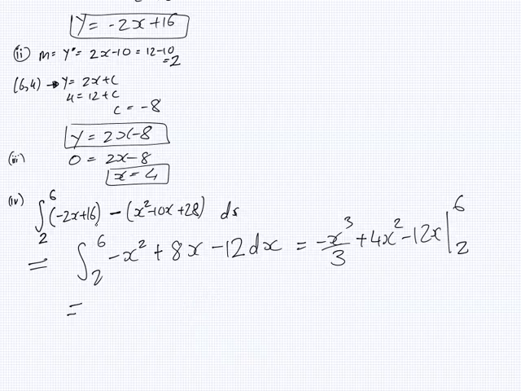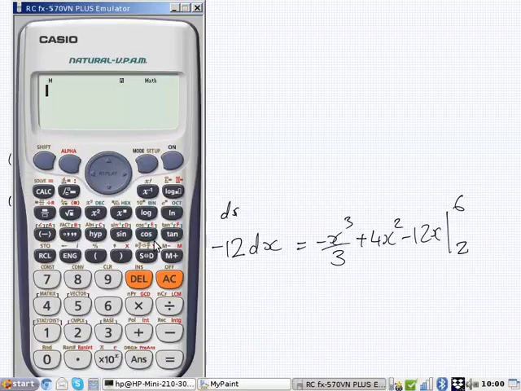Firstly, did I get this right? Minus x squared plus 8x, yeah. 16 minus 28 is minus 12. Okay, so that looks good. So let's put in the 6 first. Minus 6 cubed over 3 plus 4 times 36 minus 12 times 36. 0.